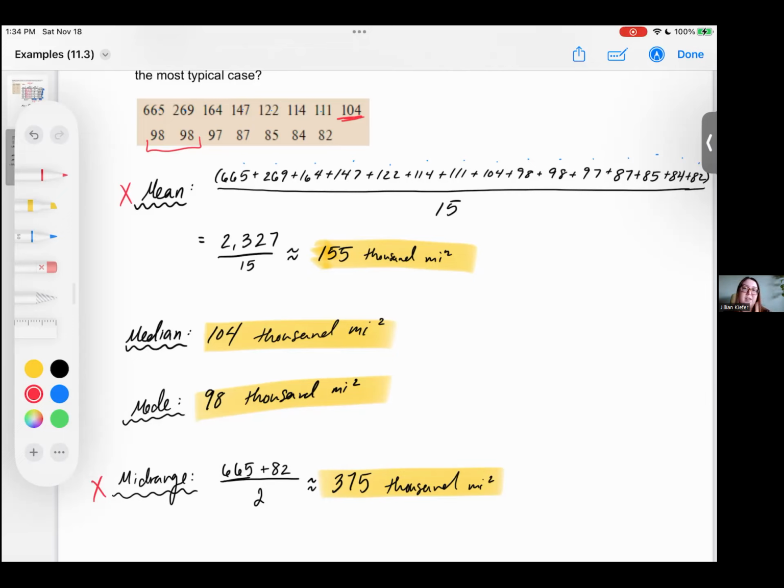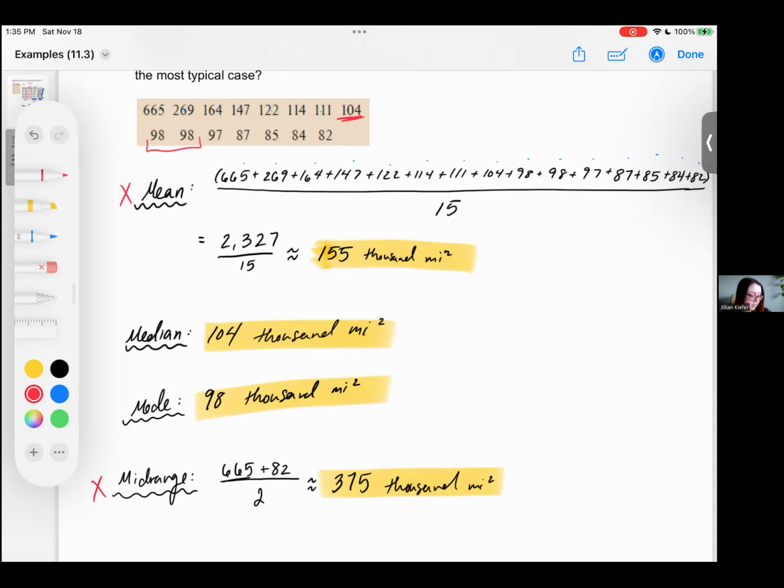But there is one thing that does make one of them a little bit better, and that is solely because the mode was 98,000. It just happened to be the number that showed up more often than not. We easily could have not had a mode, or that mode could have been a completely different value. It was kind of more coincidence that it did end up right there in the center.